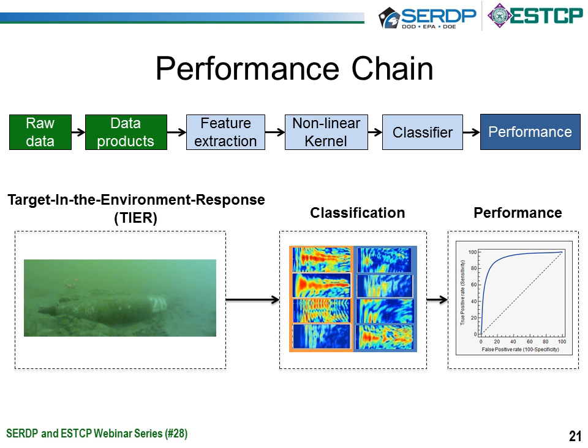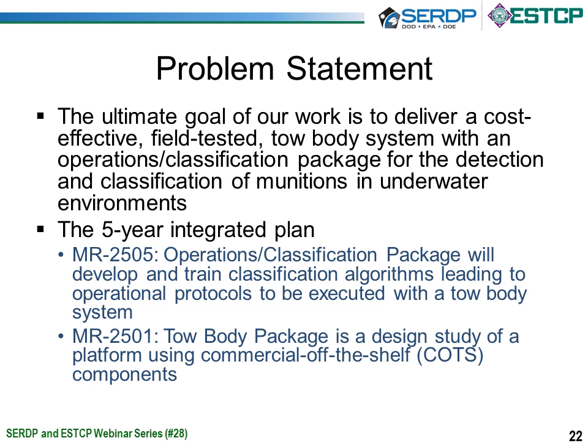So with this kind of general approach and flowchart in mind, here's the official problem statement that we're working on. The ultimate goal of our work is to deliver a cost-effective, field-tested tow body system with an operations classification package for the detection and classification of munitions in underwater environments. We have a 5-year integrated plan to do this, and it involves 2 projects.